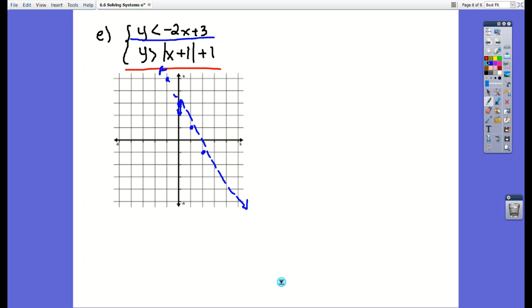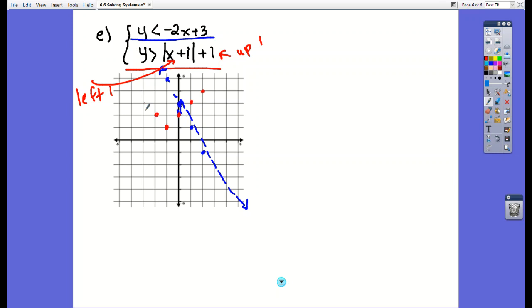Now let's graph this absolute value. Absolute value graphs are V-shaped. The parent function has a vertex at 0, 0. So this is going to tell us to go up 1. And then on the inside here, this is going to tell us to go left 1, because it's opposite what we think it should be. So our vertex goes from 0, 0 to -1, 1. For the right side, that right ray, we're going to go up 1, right 1. That's the right side slope.